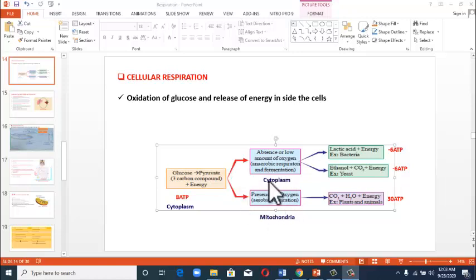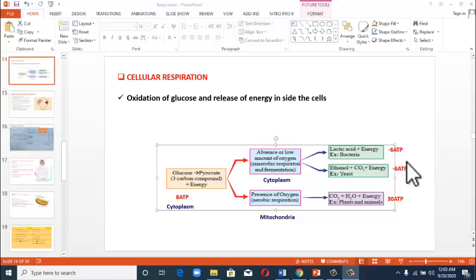It stays in cytoplasm and it may go in 2 paths. In one path, pyruvic acid is converted into lactic acid, and in another path, it is converted into ethanol and carbon dioxide. But in both the processes, 6 ATPs are used up, consumed.